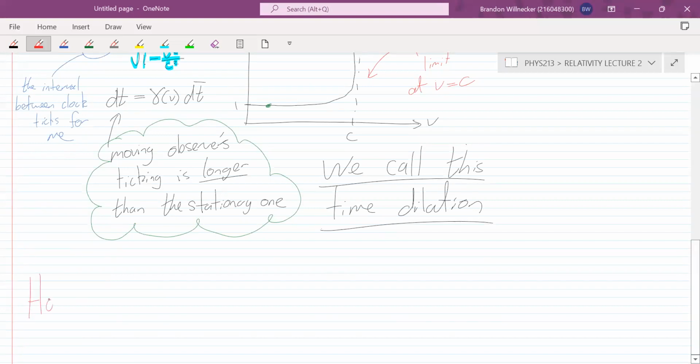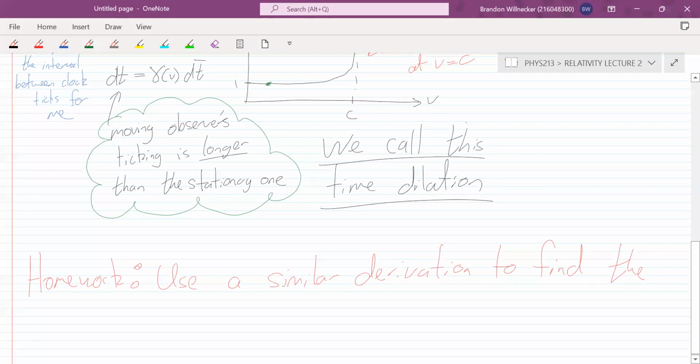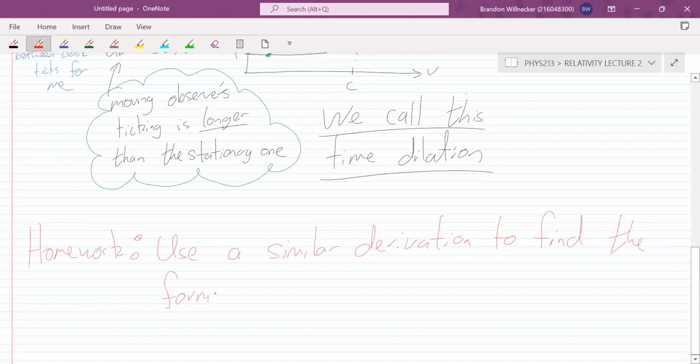Homework: use a similar derivation to find the formula for length contraction. Sorry, we've done time dilation.